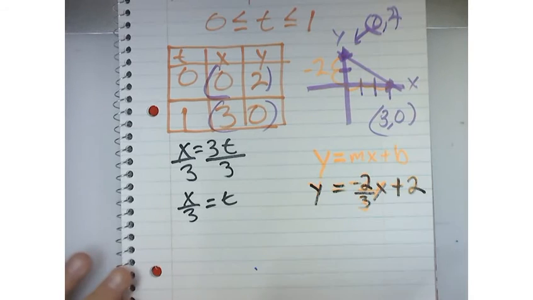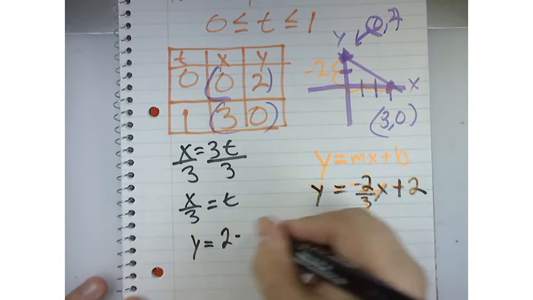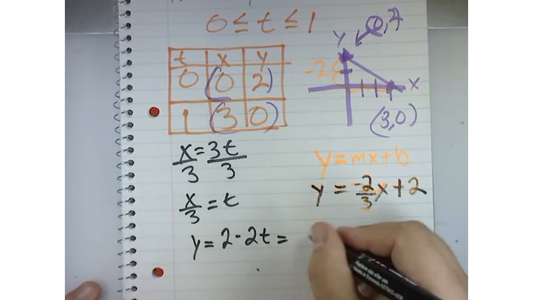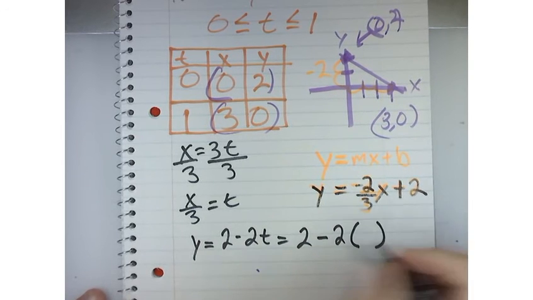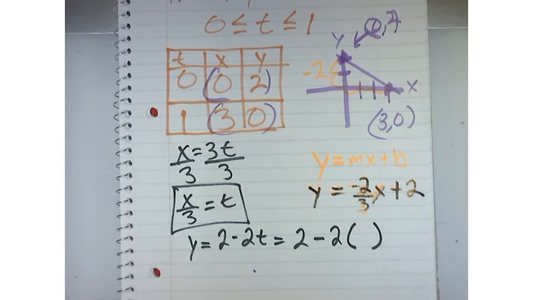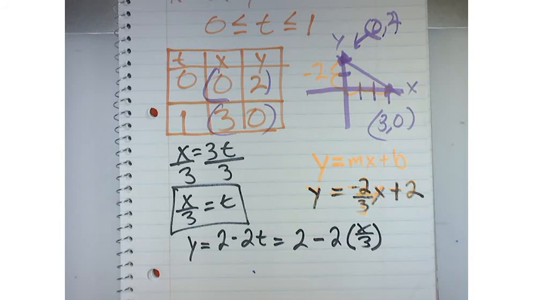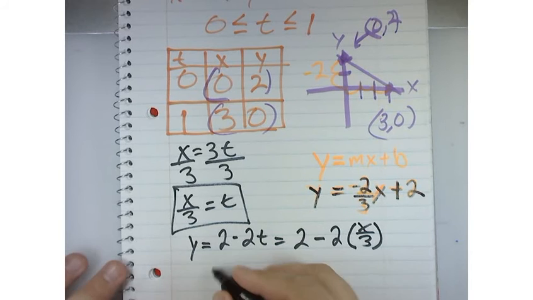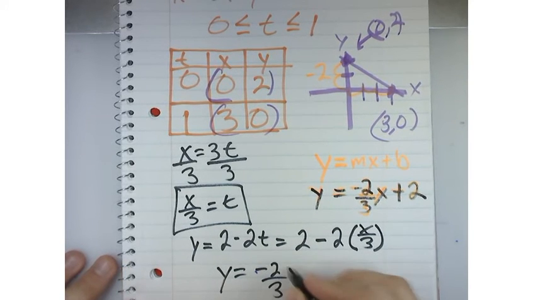If y is equal to 2 minus 2t, then y is equal to 2 minus 2 times the quantity t, but we said that t is equal to x over 3. So I'm going to plug in x over 3 here. Now if I clean that up, it's y equals negative 2/3 x plus 2.